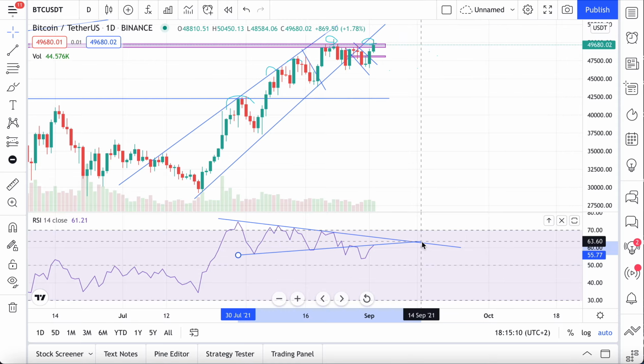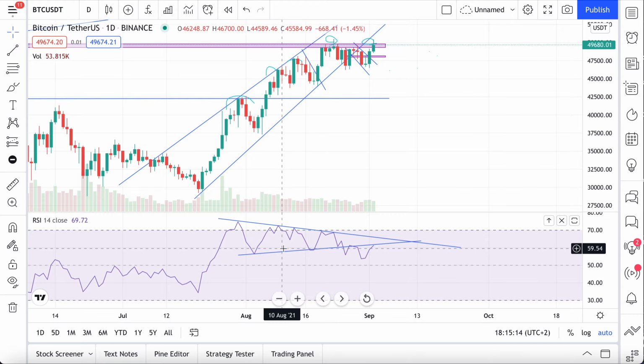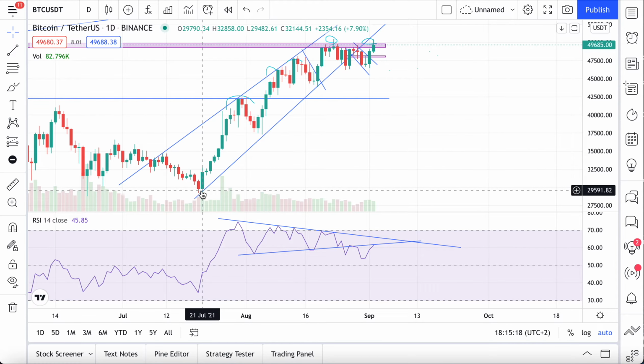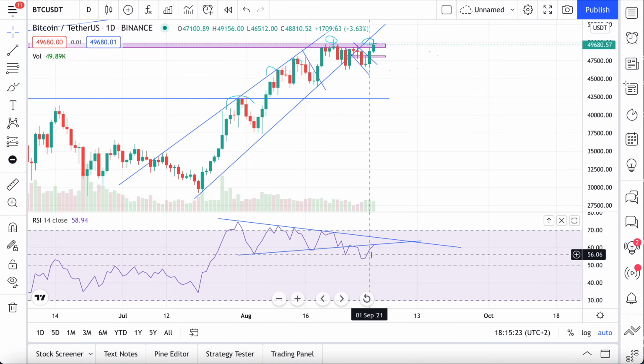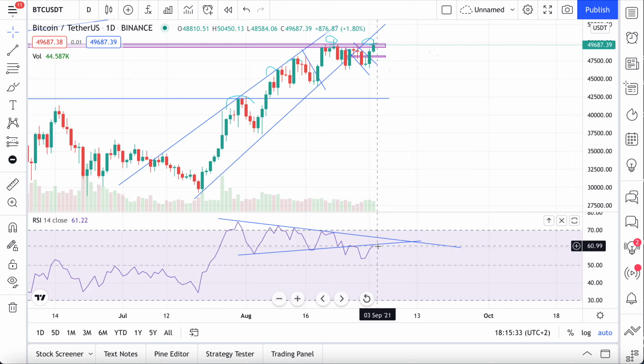But what is important now is even more important. That line is this one, the triangle that was valid since we started all the way from down here at 28,000 all the way up to 50,500. Now we are backtesting it again. We are right there. The break above it could be insane.